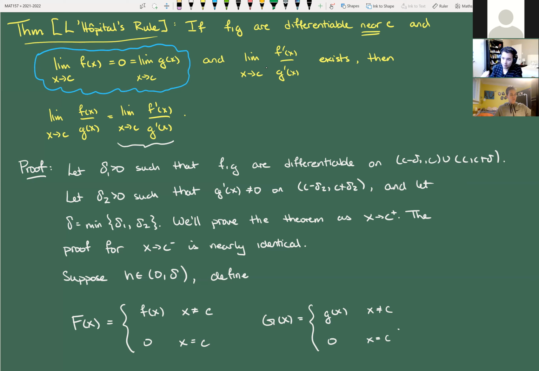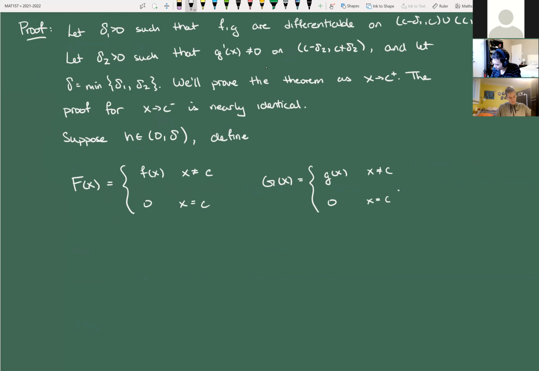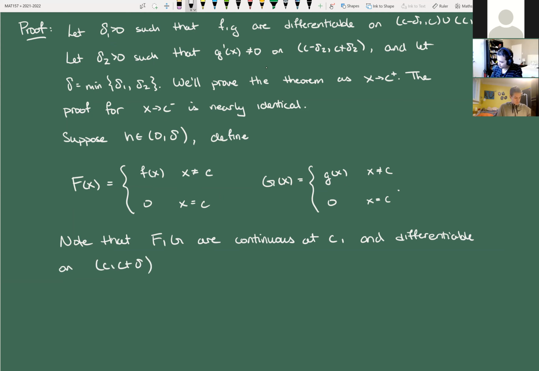So we're going to define capital F and capital G just to plug in that removable discontinuity to make sure that everything is kosher, right? Capital F and capital G are now continuous. So note that capital F, capital G are continuous at c and differentiable on c to c plus delta, right?